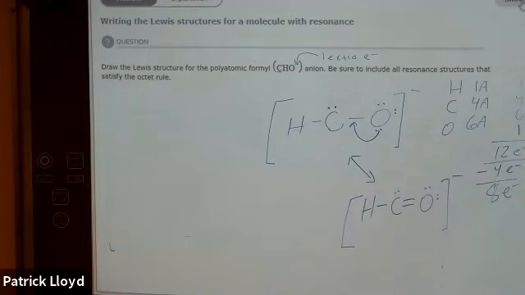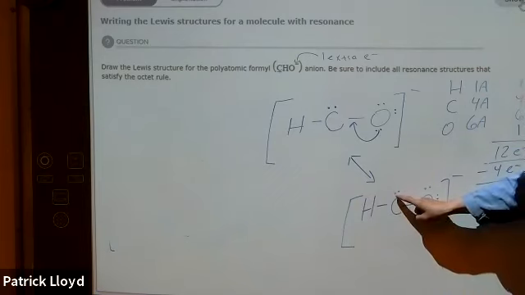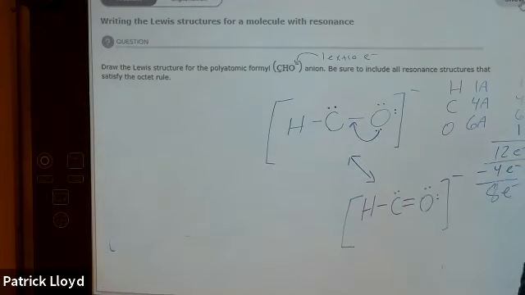Now, there is a problem with this Lewis structure, and that's why it looks like there is at least one more resonance form. The problem is the number of lone pairs on the carbon. Carbon is actually pretty unstable with a lone pair. Most of the time, it does not have any lone pairs. So let's see if we can think of another way to get an octet.